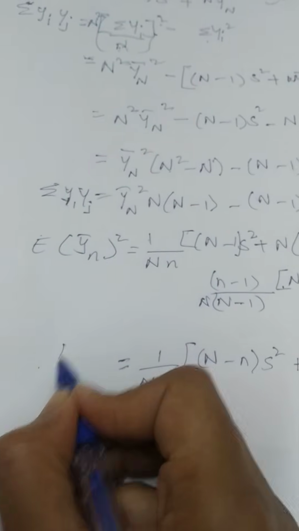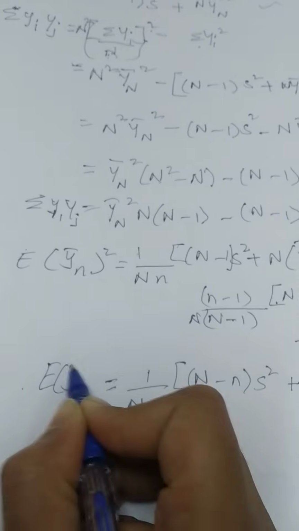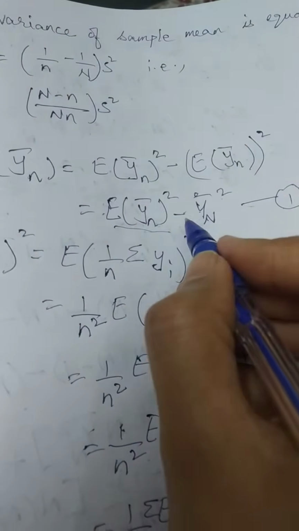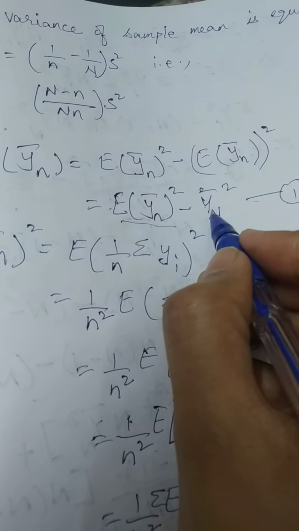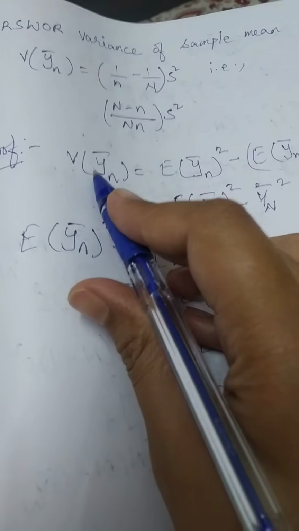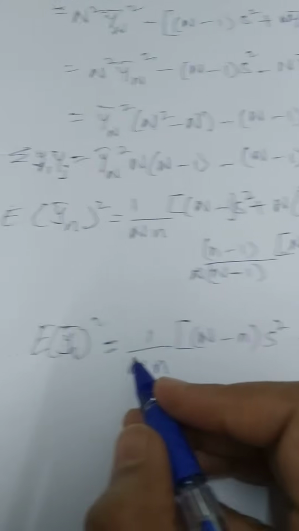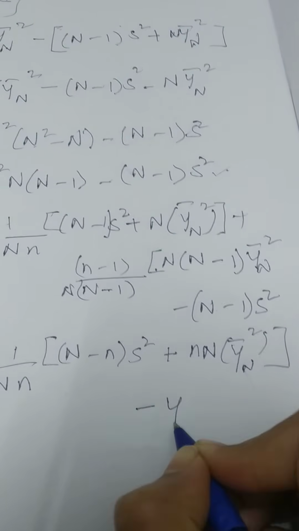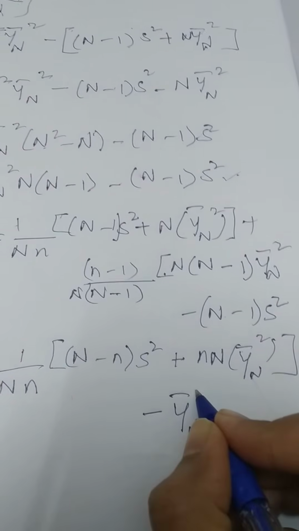Okay, now after getting this value, this value is for expectation of y bar of n whole square. If you calculate it, you will get this value. This value is actually this value, right? Now you have to put minus y bar of n square, then you will get this value. So what I am doing, I will write here minus y bar of n square.